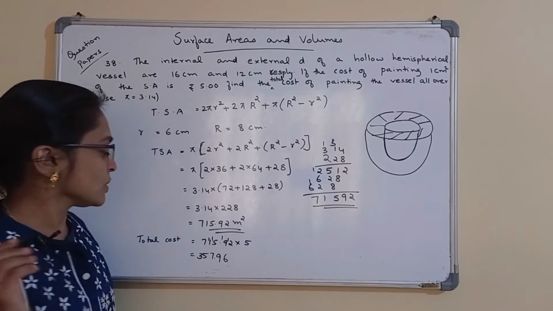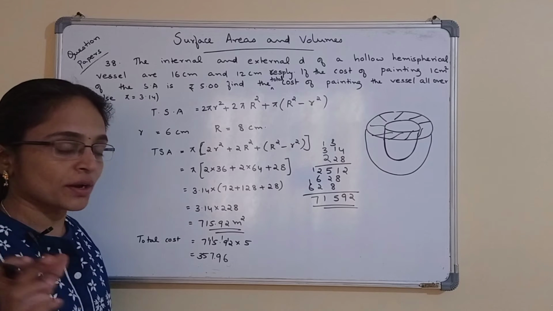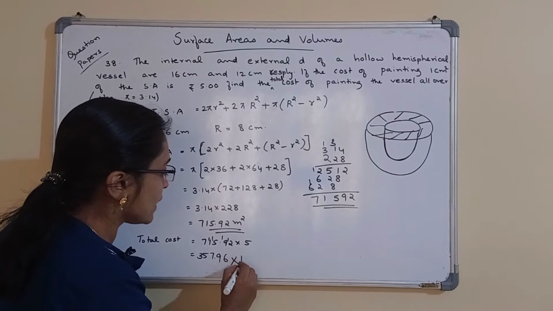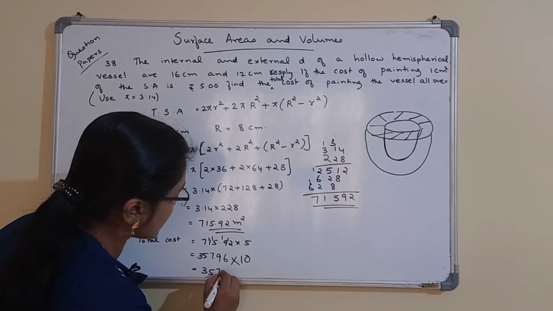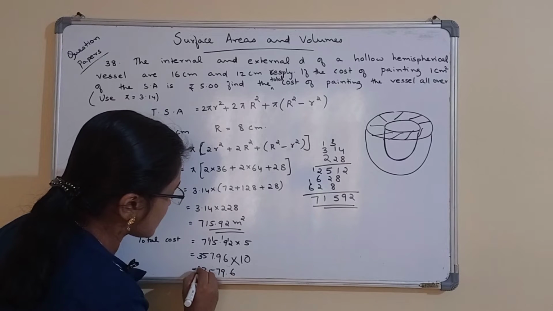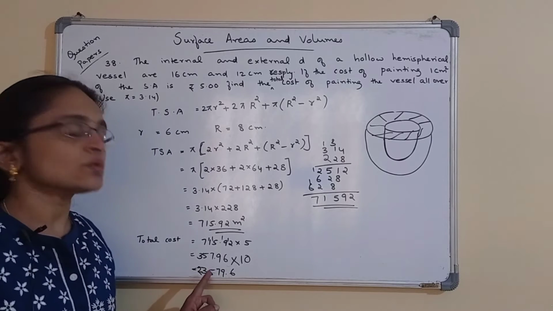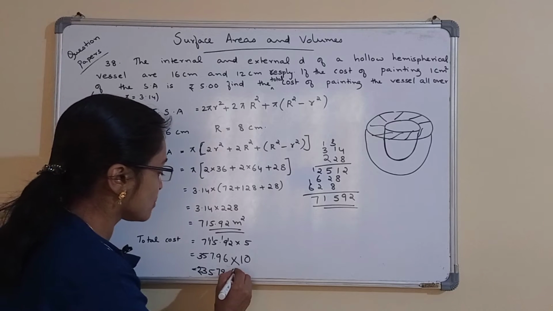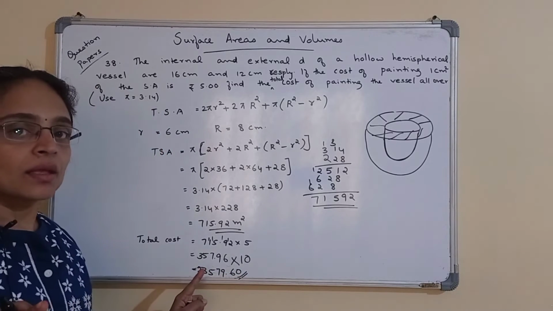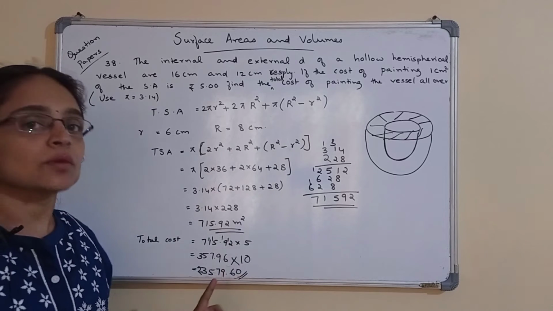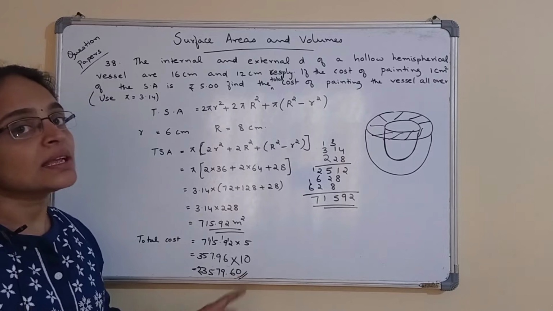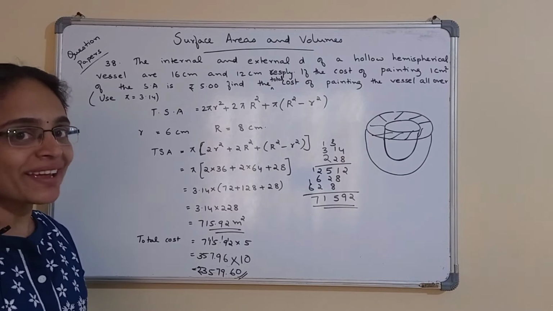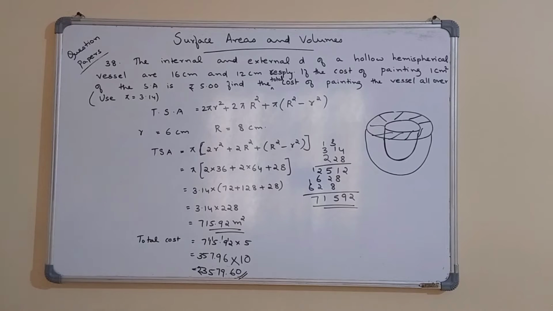So this is equal to 357.96 multiplied by 10, which is equal to 3579.6, that is 3579 rupees 60 paise. So the total cost of painting this hollow hemisphere is 3579 rupees 60 paise. Okay, understood?